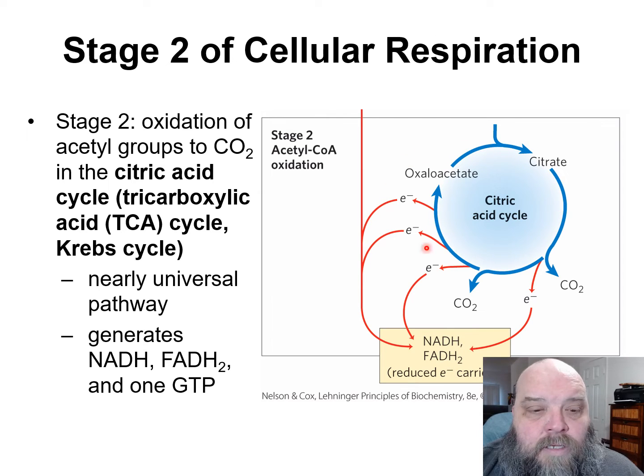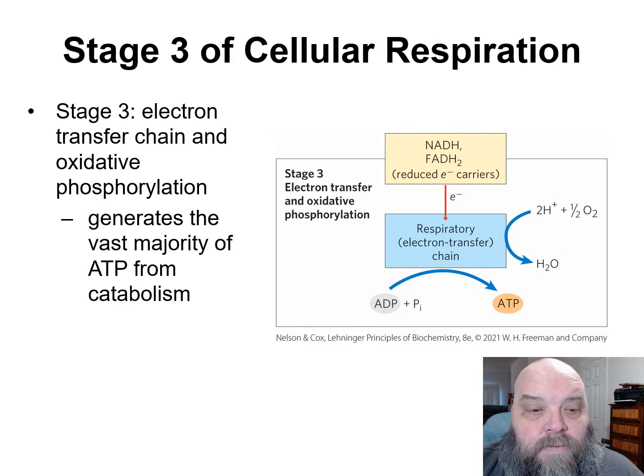Notice also here in this artist's rendition of the citric acid cycle, it's a cycle. There's no beginning, there's no end. Things will feed out, things feed into this constant mishmash of enzymatic reactions.